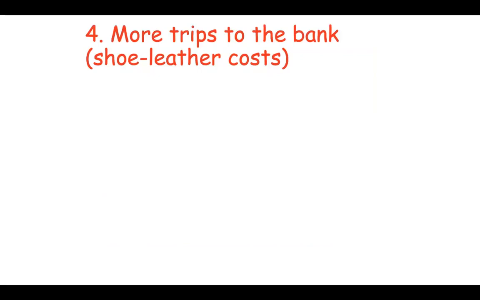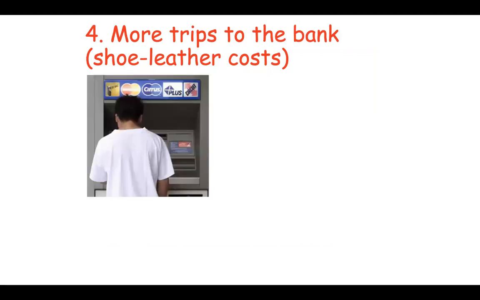Now, another example of the costs that are created by inflation, a classical cost, called shoe-leather costs, which means when you're in a high inflation environment, you have to make more trips to the bank to get money, because the nominal interest rate of money is zero.